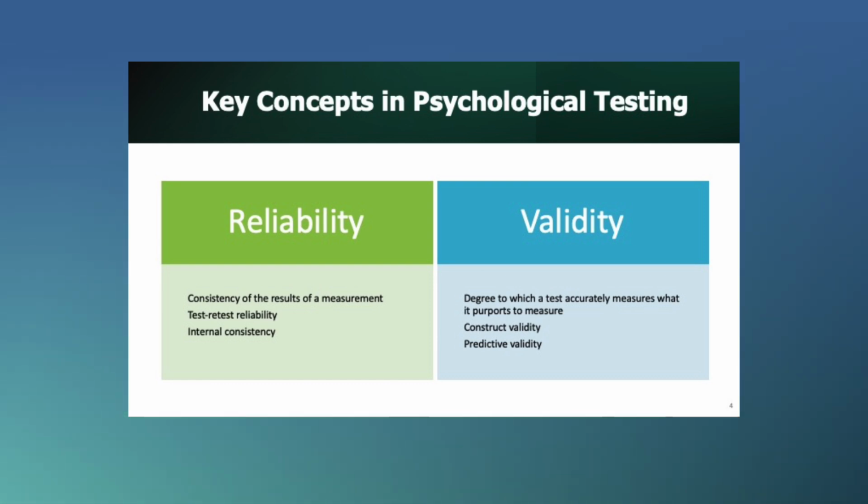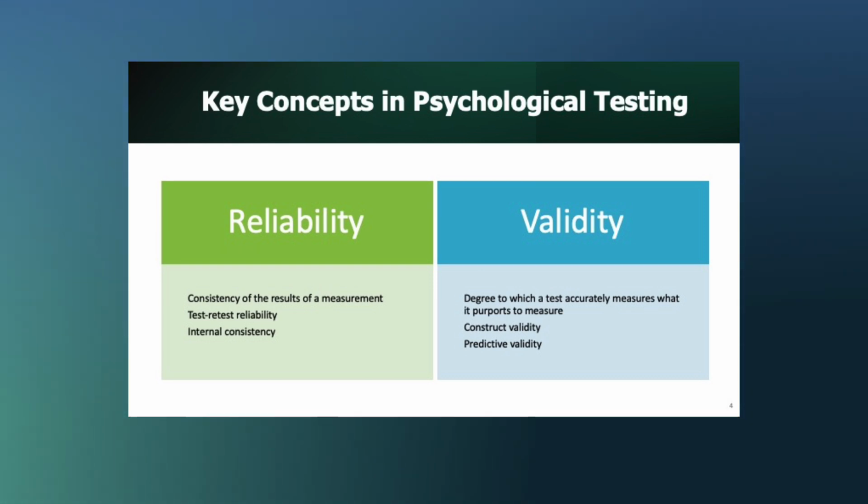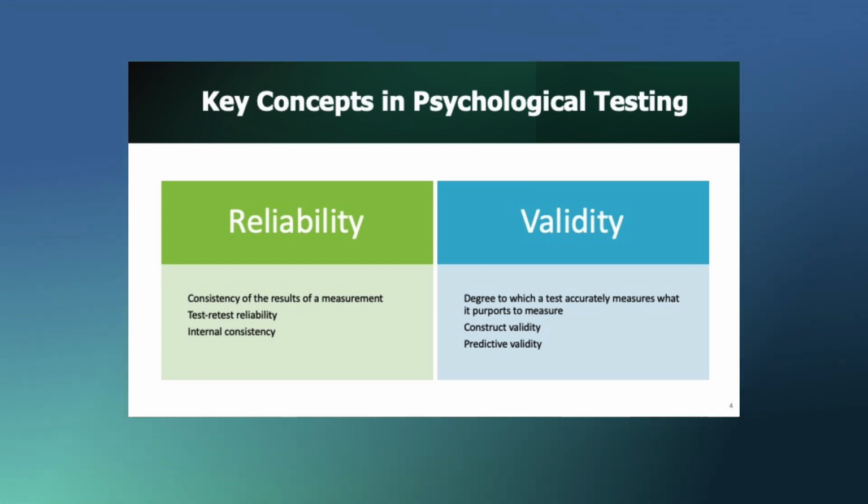In particular, can SAT scores predict academic success in university? So these are the two constructs that are very important to know when it comes to psychological testing.